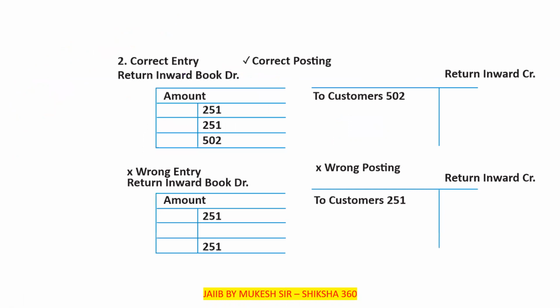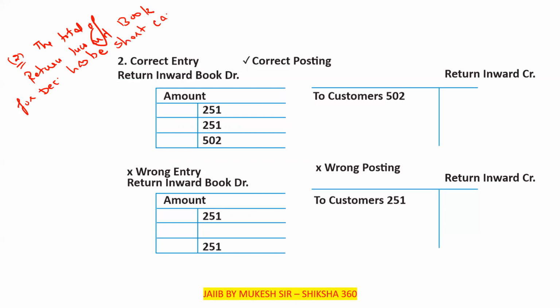Okay. So the second thing they are trying to say here: the total of the return inward book for December has been short cast, or cast short, by rupees 251.